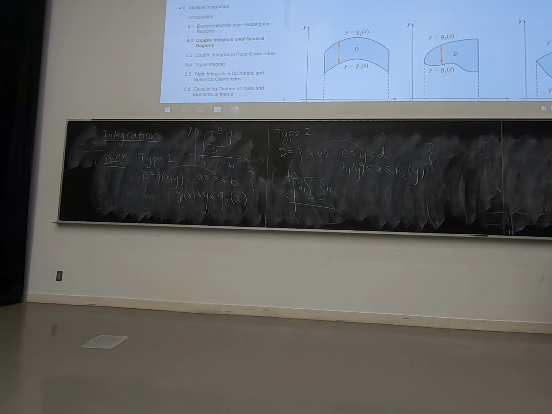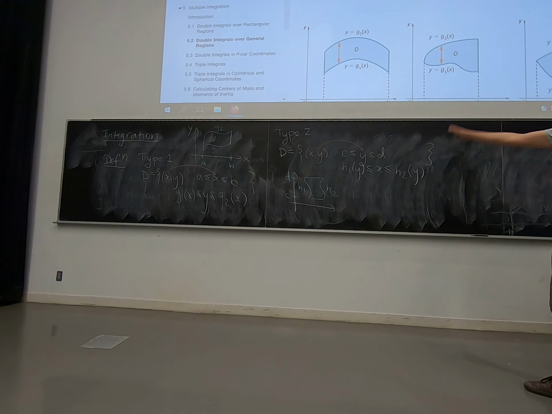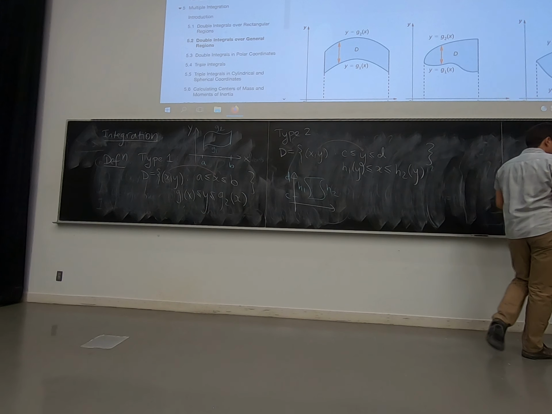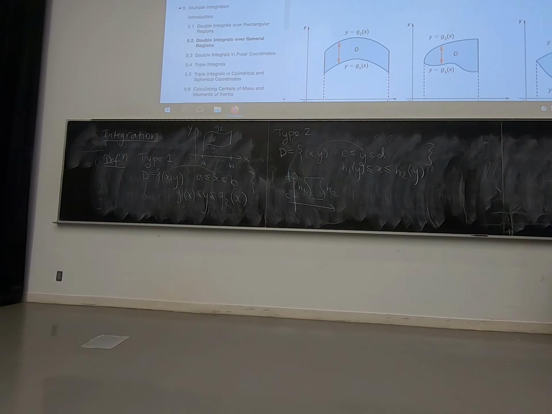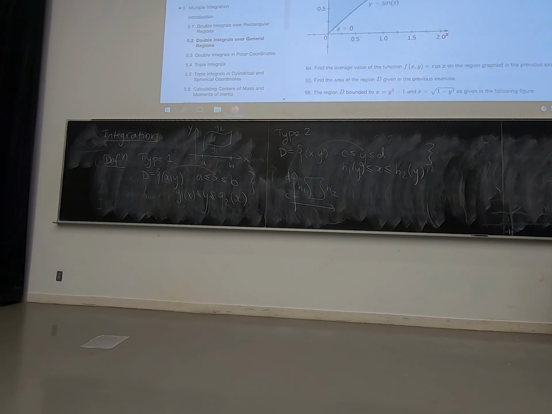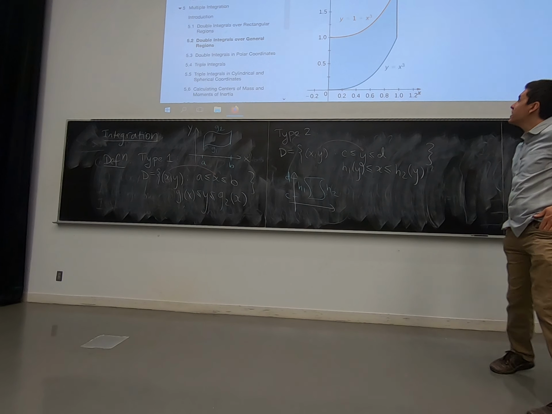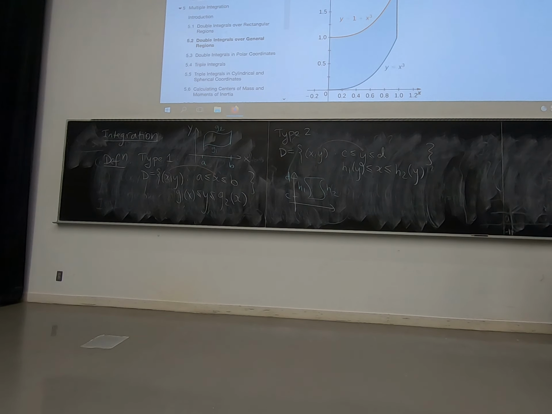Okay. So there's a couple exercises classifying regions into type 1 versus type 2. So we'll look at those, see what those look like. Some of the homework exercises say, specify whether the region is type 1 or type 2.